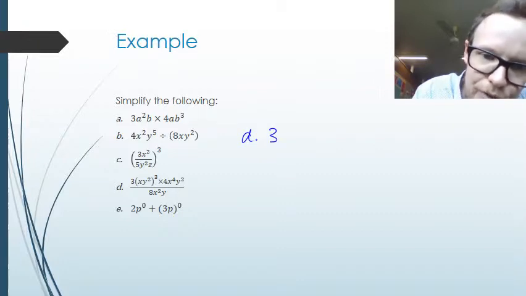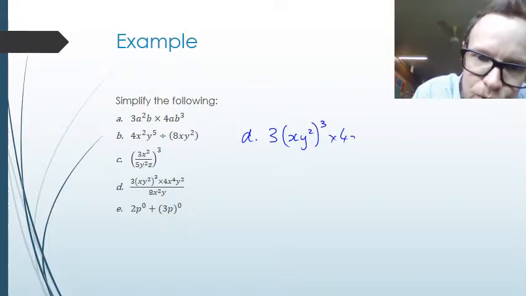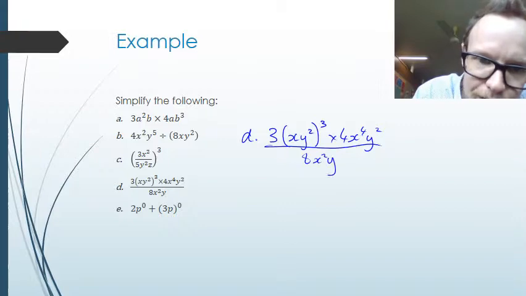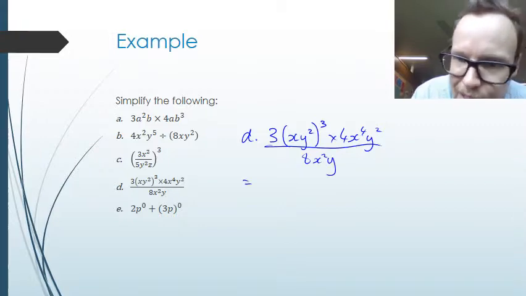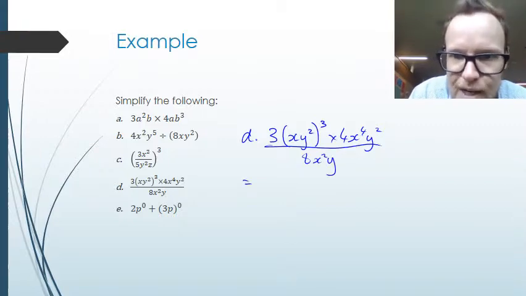Here we've got 3xy squared to the power of 3 times 4x to the power of 4y squared over 8x squared y. I'm going to initially look for anything that I can simplify straight off the bat.